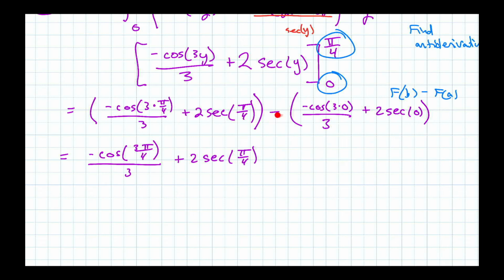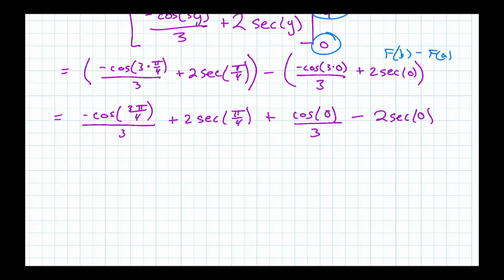I'm going to distribute this minus, so this is minus minus, which is a plus, cosine 0 over 3, 3 times 0 is 0. And here, minus the plus is going to be a minus: 2 secant 0, whatever that is. Okay, so I haven't done any trig yet.